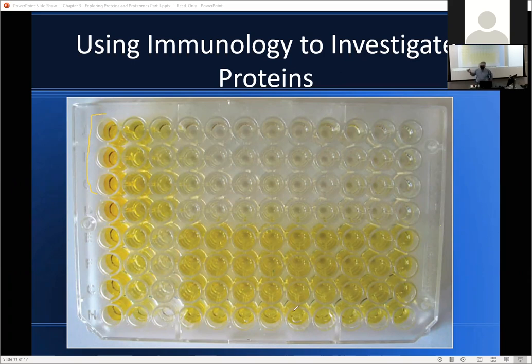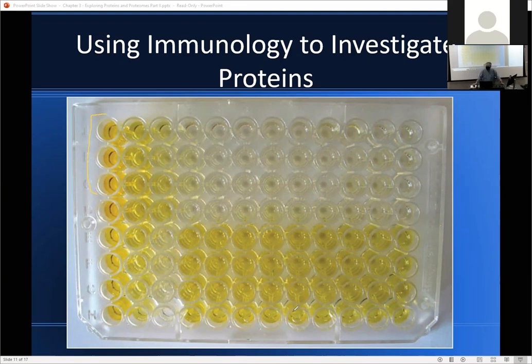Now, interestingly, when you add the substrate and you get that colorimetric reaction, it doesn't turn yellow. It actually turns a blue color. So what happens is you'll let the reaction proceed for a certain amount of time, and then you need to stop the reaction. We stop the reaction by adding a dilute solution of sulfuric acid. So sulfuric acid is very low pH.